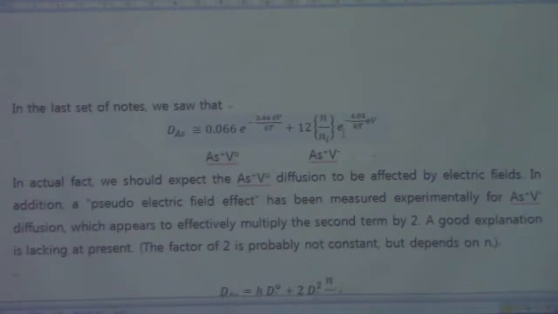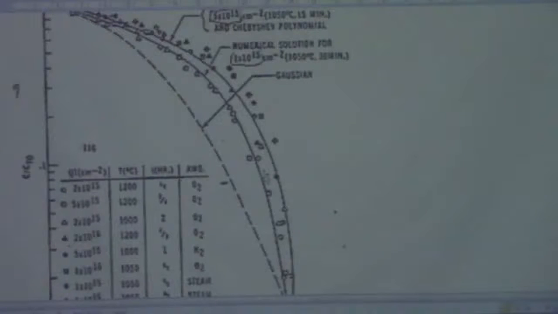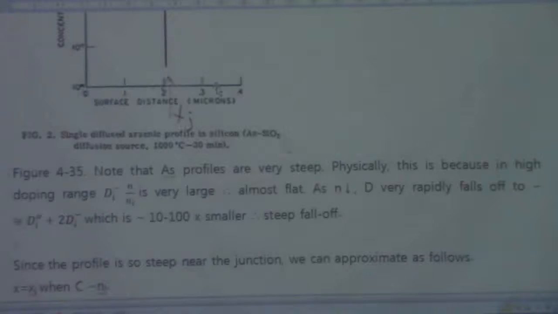And with the two terms, we can have analytical solutions for the diffusion profile. And this is the actual case, and the theoretical values, you can see, in the heavily doped regions are pretty much matching, right? We don't know about the lightly doped arsenic case.